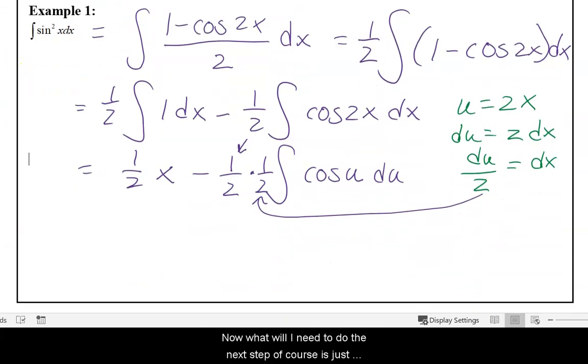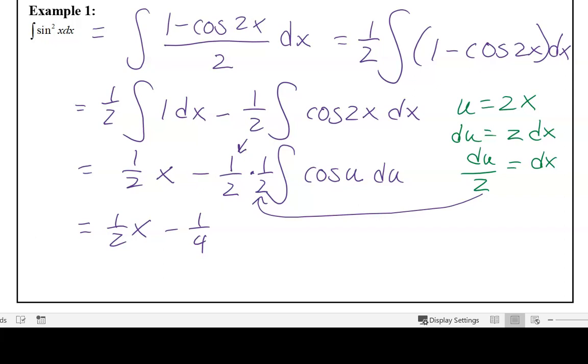The next step, of course, is just to simplify and to do the indefinite integral. I have a 1/2 x from the first, tucking into the back of my head that, yes, I need a plus c somewhere at the end. The indefinite integral of cosine of u du would be sine of u, so I get sine of u with a plus constant at the end.